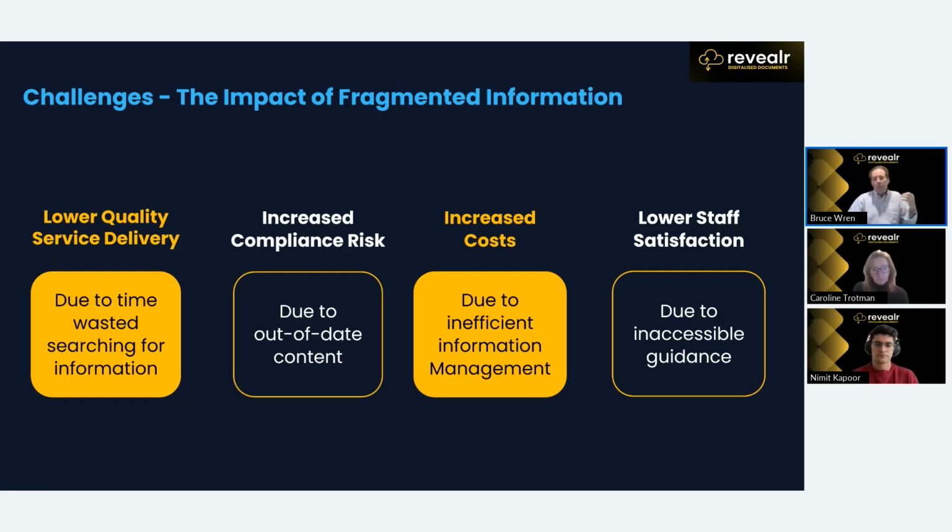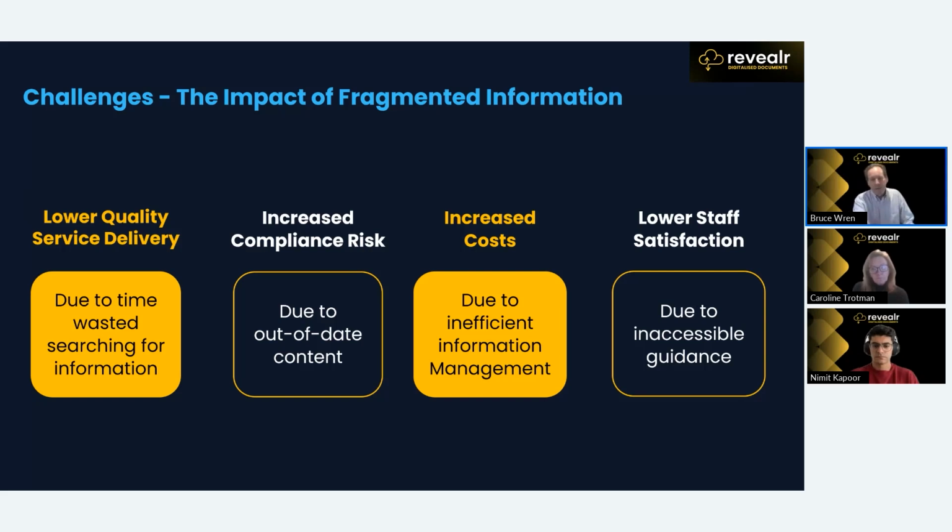Often the risk is exacerbated because you're dealing with out-of-date content or duplicated content. Which one's right? That puts your costs up because inefficient information management means that there's make good if you get it wrong. And of course, your staff are so important. So they need to have accessible information in real time when they need it.